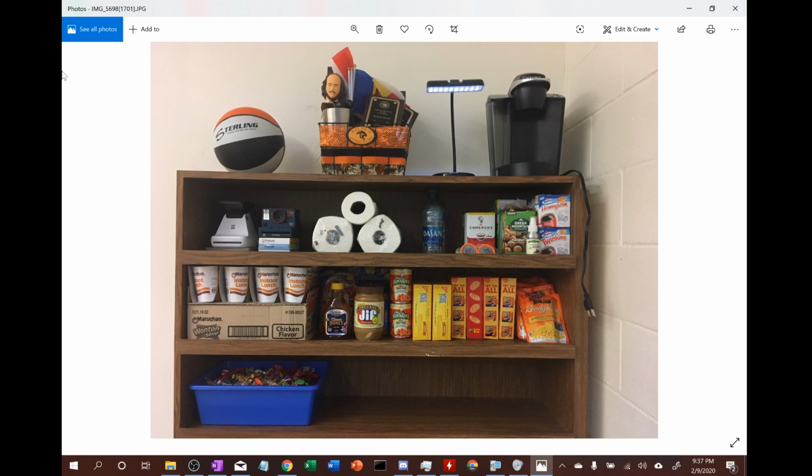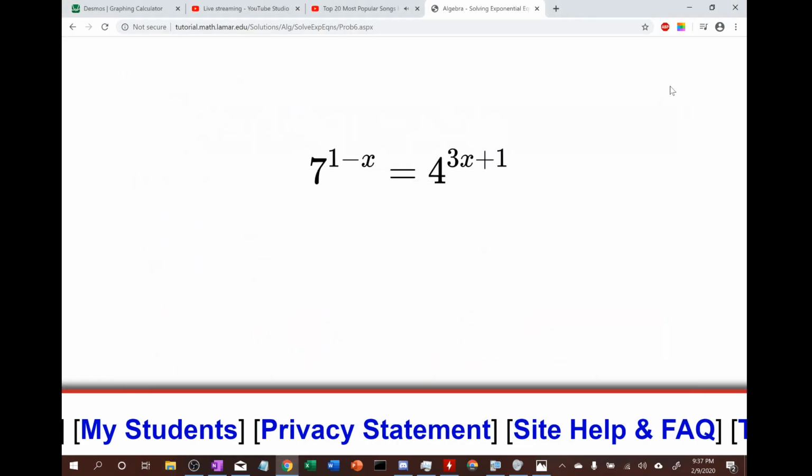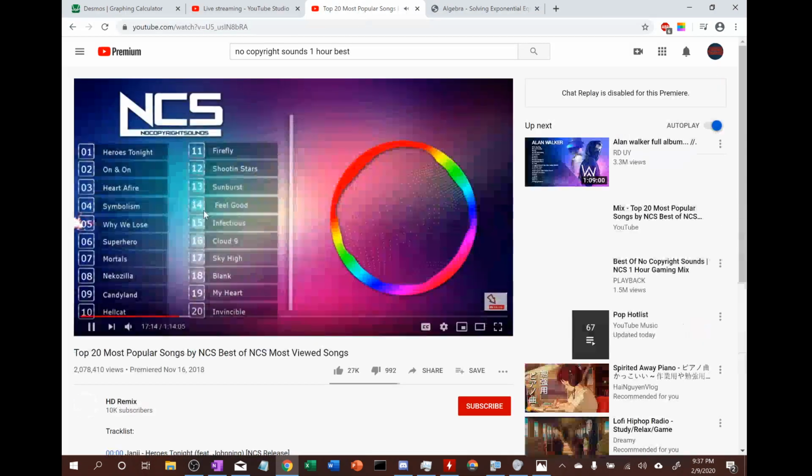Okay, so let's get back to the problem here. Seven to the 1 minus x equals 4 to the power of 3x plus 1.